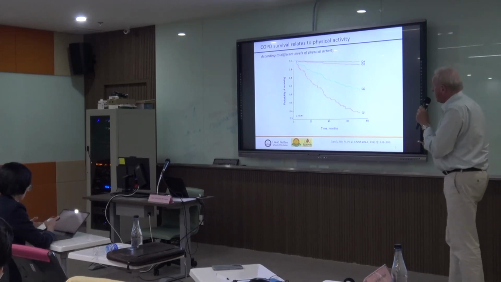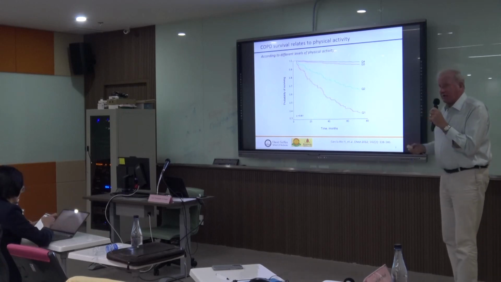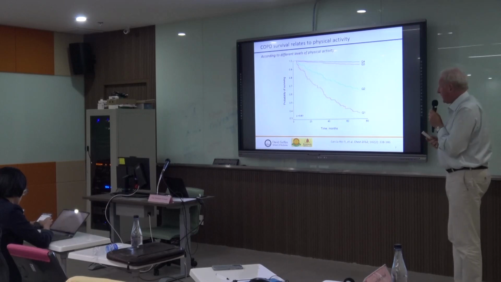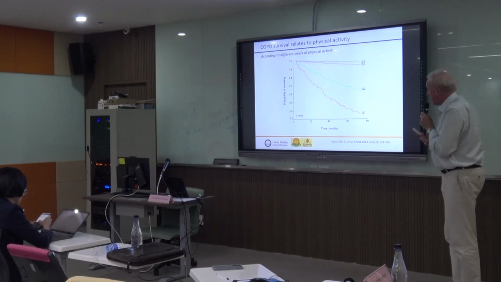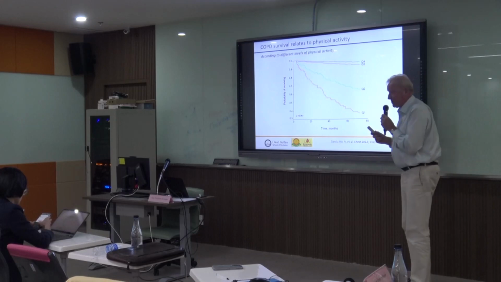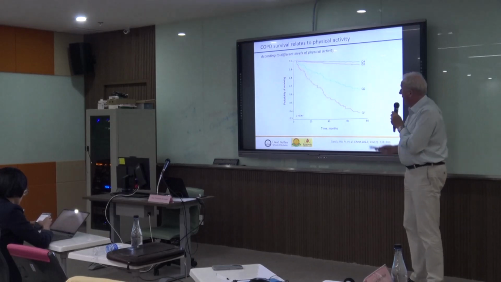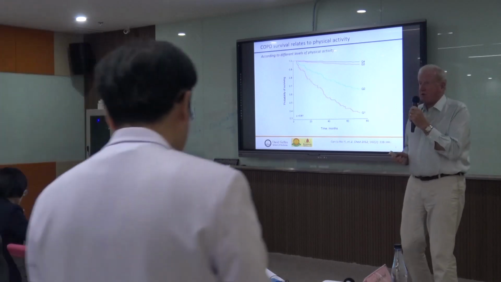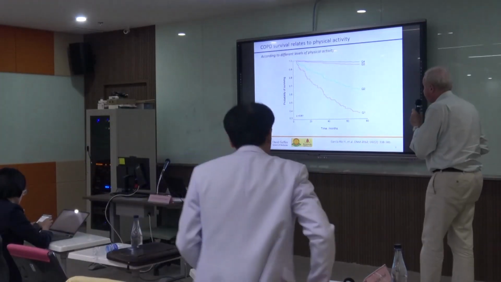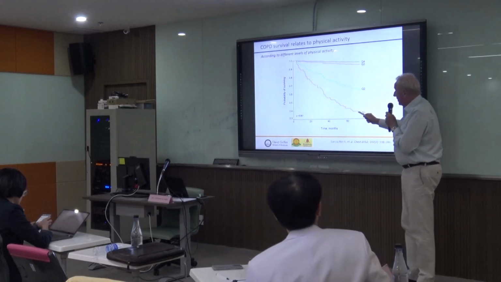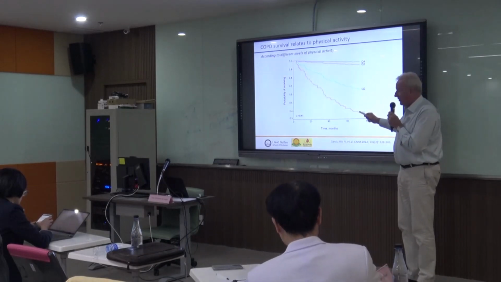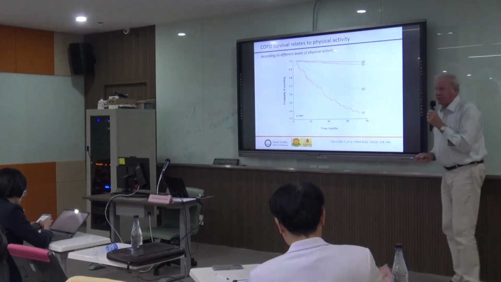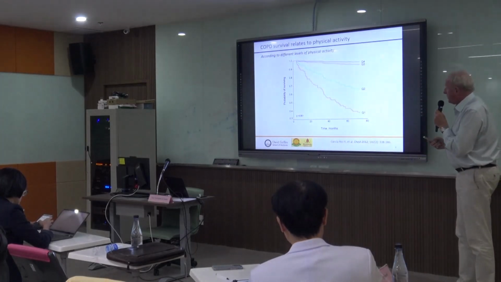Now, also it's important to know that physical activity, the maintenance of physical activity is important for survival in COPD. So this study divided COPD patients into 4 quartiles based on levels of physical activity measured with triaxial accelerometers, and the patients with the lowest quartile of physical activity had the poorest survival over the course of more than 5 years.